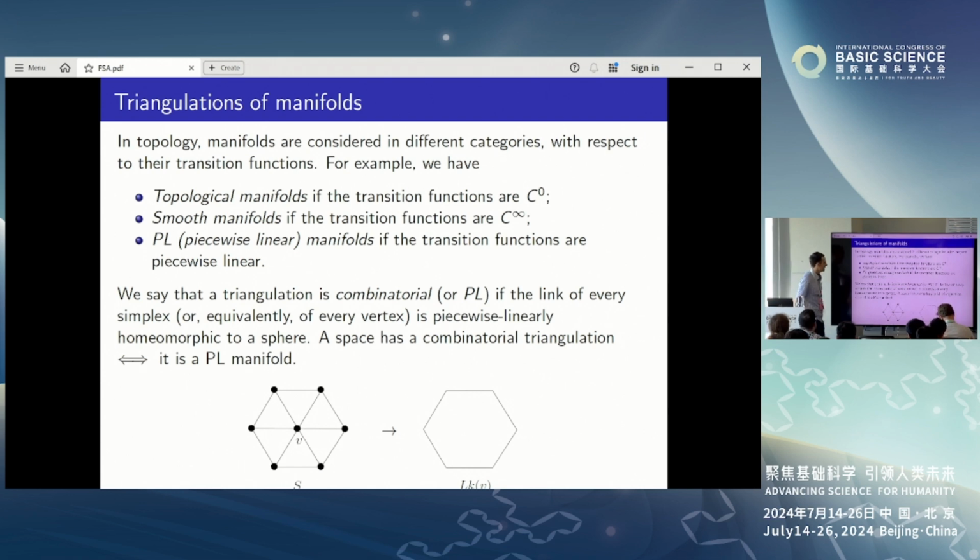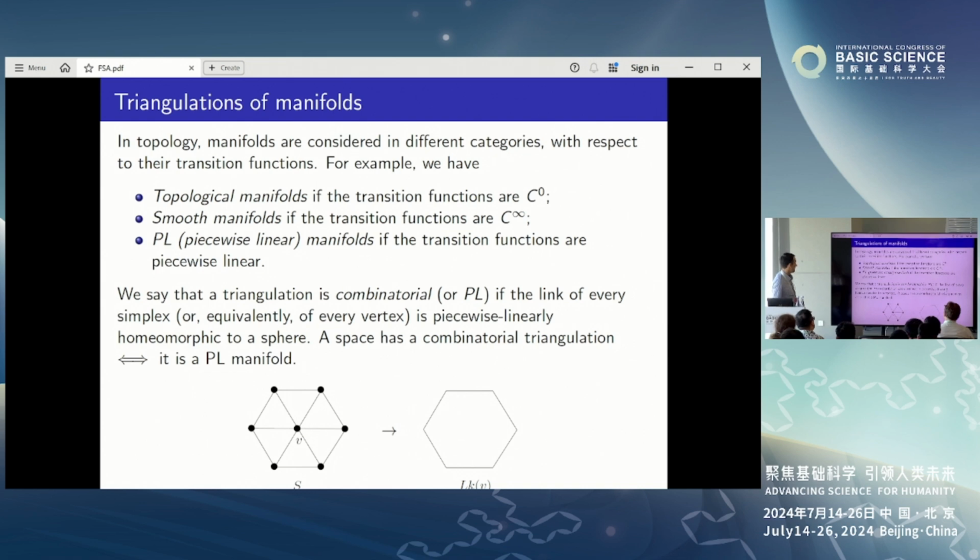Then the smooth manifolds, where the transition functions between different charts are smooth, C infinity. And then there's piecewise linear manifolds, where the transition functions are piecewise linear. You have Rn, and you break it into simplices, and you want on each simplex to be linear. So you can define these 3 notions of manifolds, and you can ask if those kinds of spaces can be triangulated.